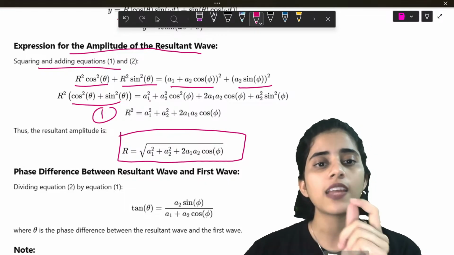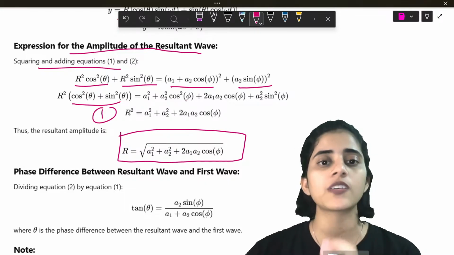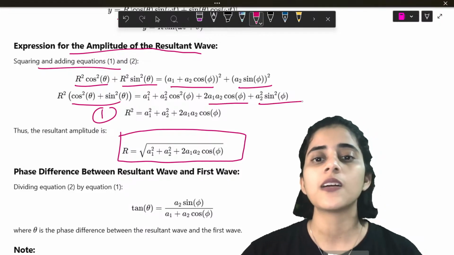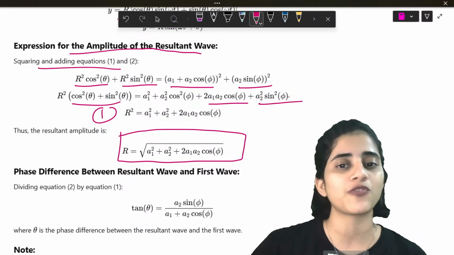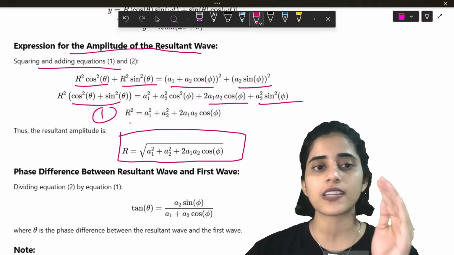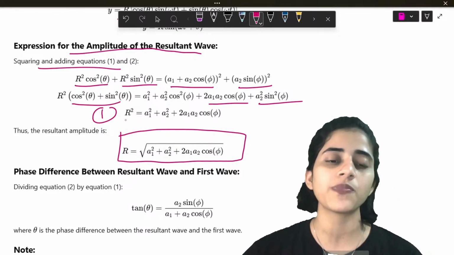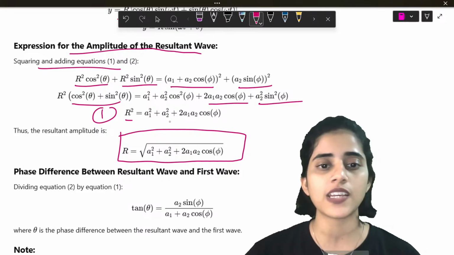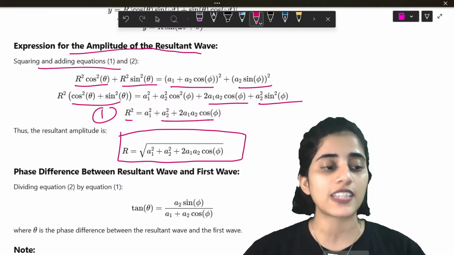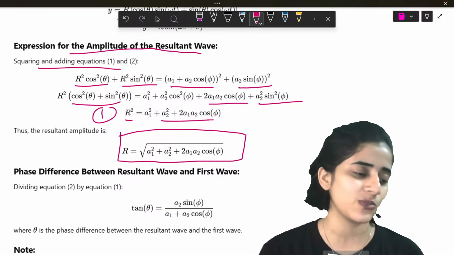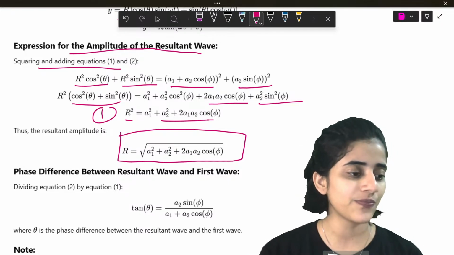So this will be A1 squared plus A2 squared cos squared phi plus 2A1A2 cos phi plus A2 squared sin squared phi. Now cos squared theta plus sin squared theta is 1, so it goes away. What remains? R squared equals A1 squared plus A2 squared plus 2A1A2 cos theta or phi, whatever angle you want to put.